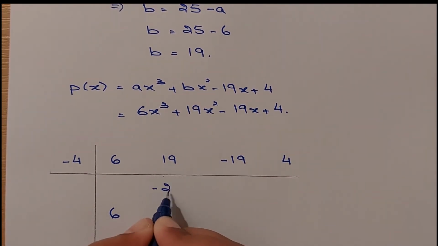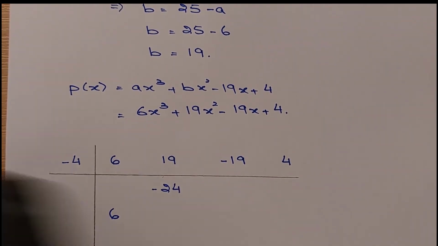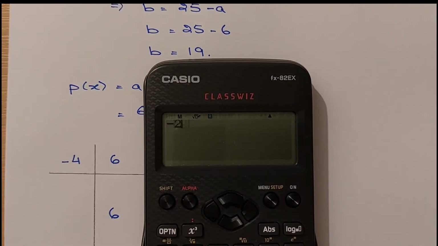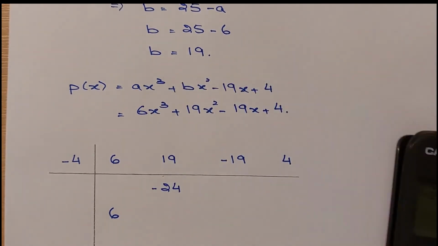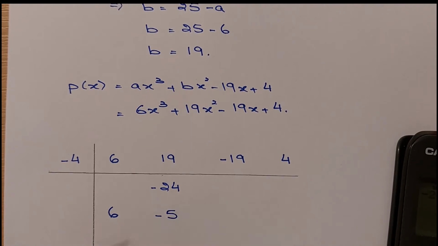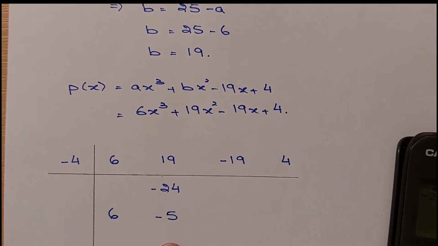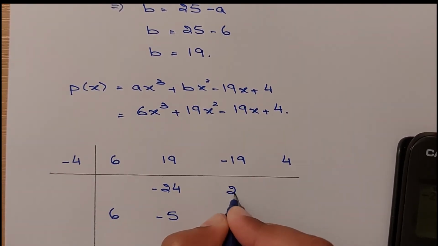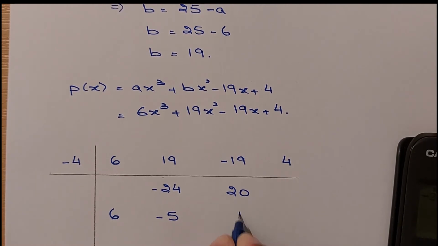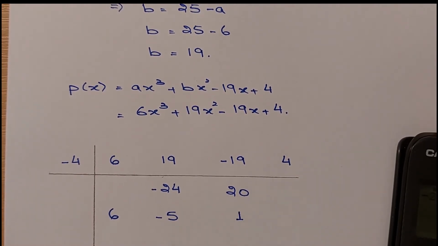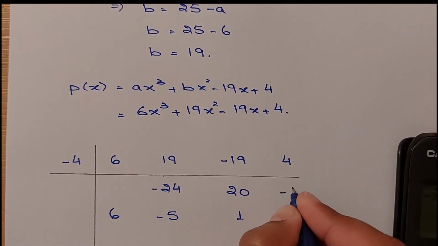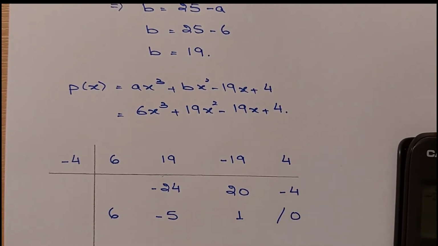So we have negative 24, and minus 24 plus 19 is minus 5. And minus times minus is plus. 4 times 5 is 20, and we are left with 1. 20 subtract 19 is 1. 4 times 1 is 4, that is minus 4, and here we have 0.